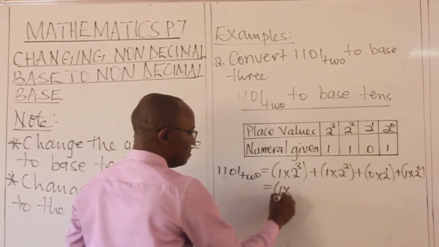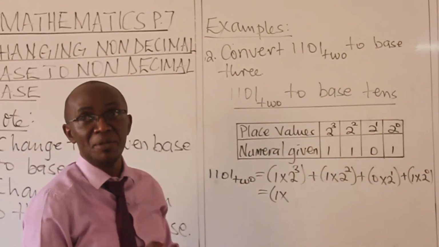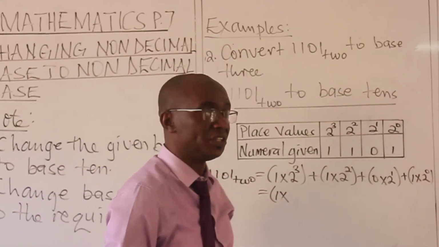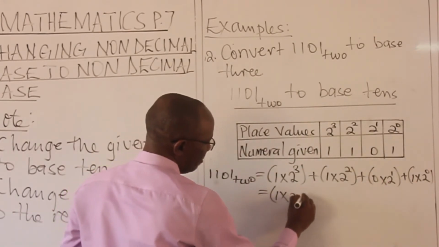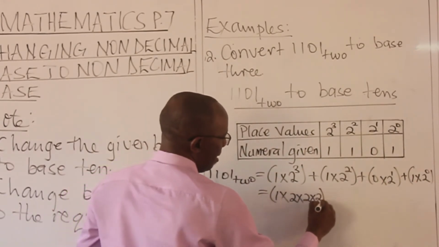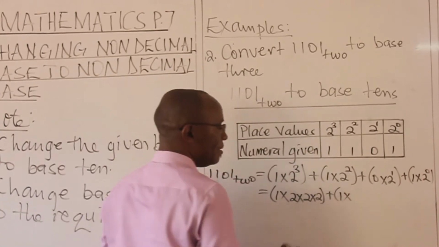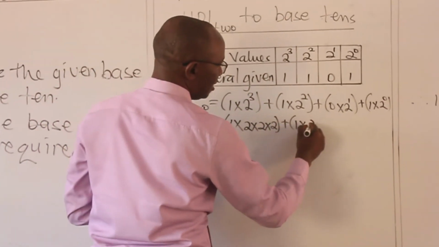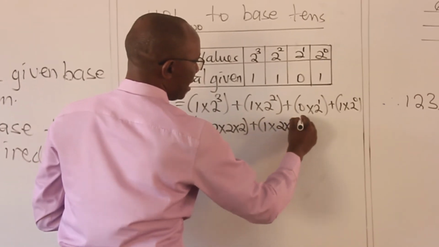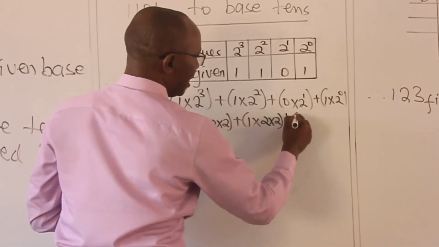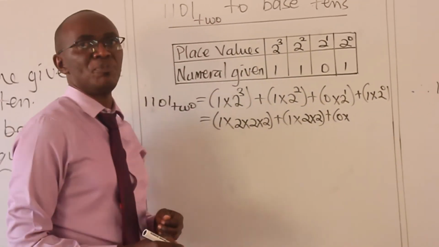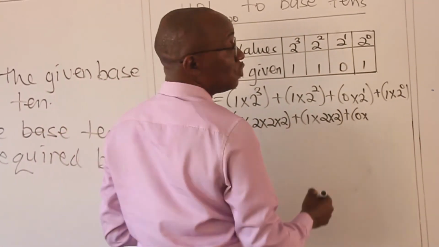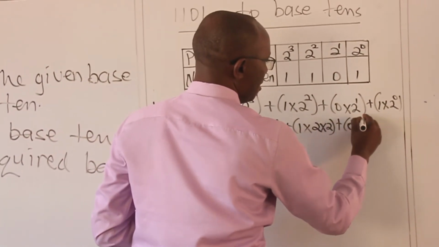That is 1 times 2 raised to the power 3 implies to multiply 2 thrice. So that is 2 times 2 times 2 plus 1 times 2 raised to the power 2. That means you multiply 2 twice. That is 2 times 2 plus 0 times any number raised to the power 1 is that number itself. 2 raised to the power 1 is 2.